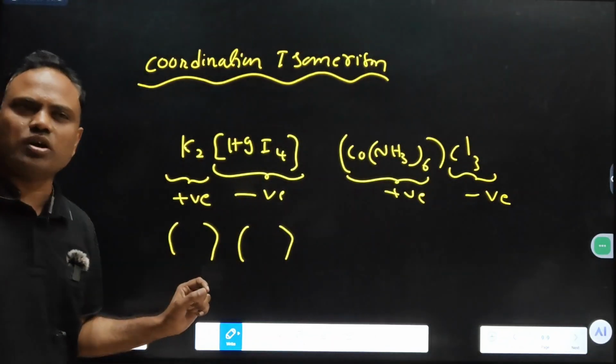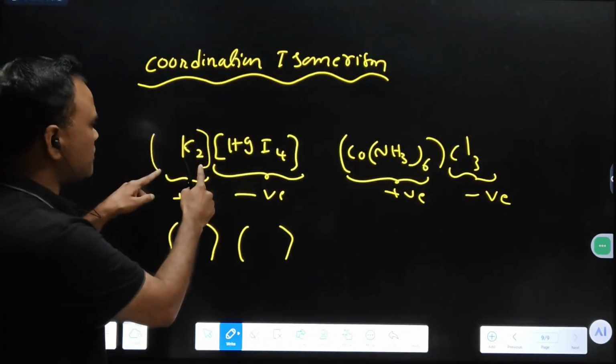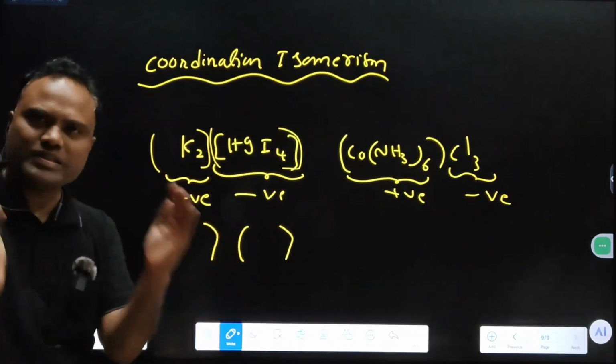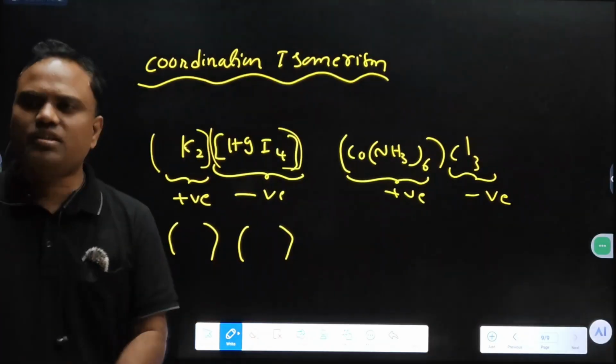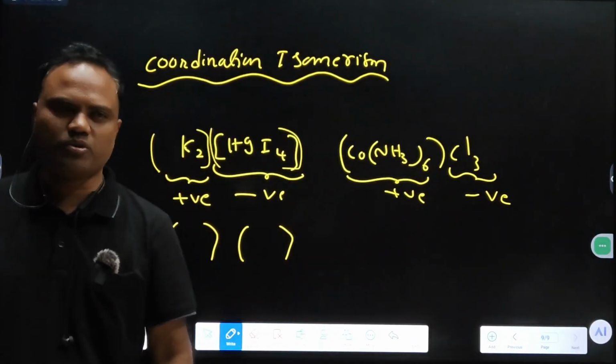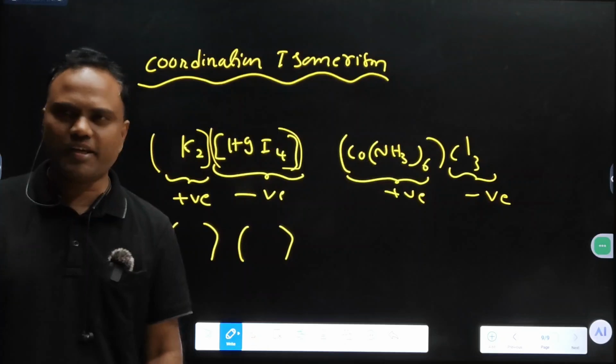Coordination isomerism exists when both the positive part and the negative part are present as coordination spheres. In some complexes both the positive part and the negative part appear as spheres. In those complexes, coordination isomerism is possible. That is the first condition, right?